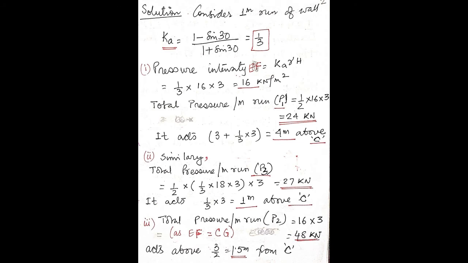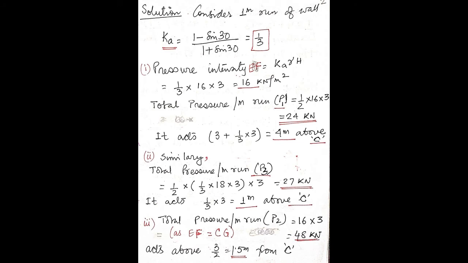Now the pressure intensity at EF will be Ka into gamma into H. Ka we know, gamma we take as 16, and H is 3 meter, because for a 3 meter height, 16 kilonewton per meter cube is the unit weight. That gives pressure intensity as 16 kilonewton per meter square.